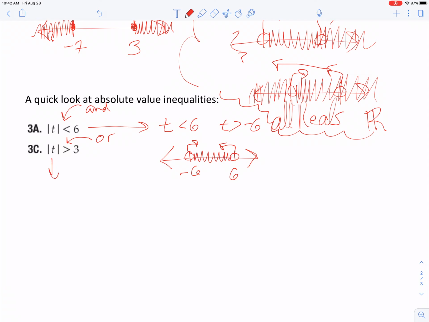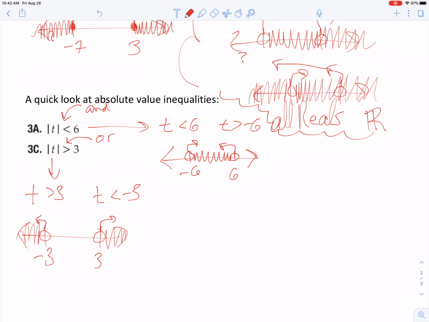Whereas this one over here, it's going to be t is greater than 3, t is less than -3, -3 and 3, a couple of circles here, -3 shades to the left, +3 shades to the right, like so.